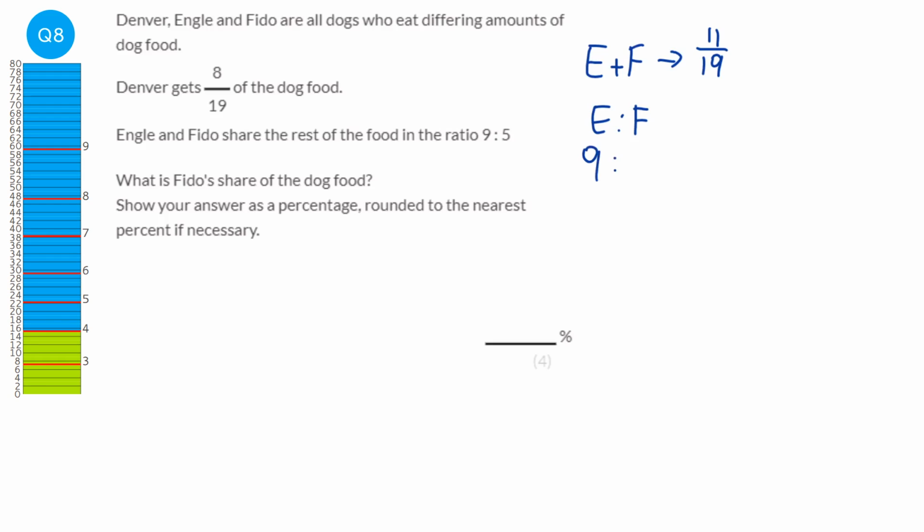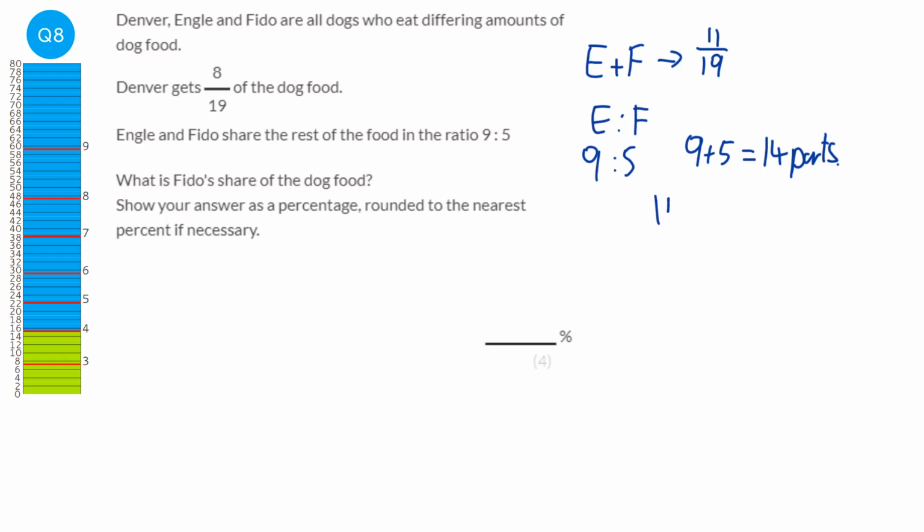So it's 9 to 5. Let's have a look and see, first of all, how many parts there are altogether. So 9 plus 5, which is 14 parts. So there are 14 parts in total, and the share that they get is 11/19.